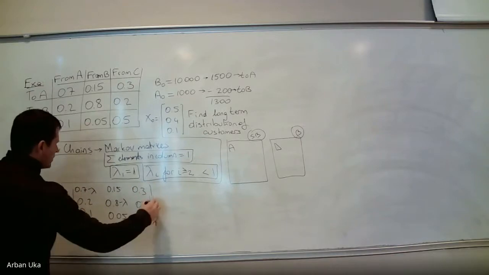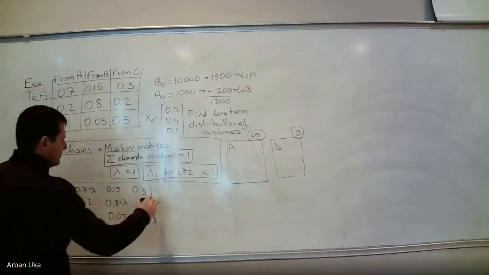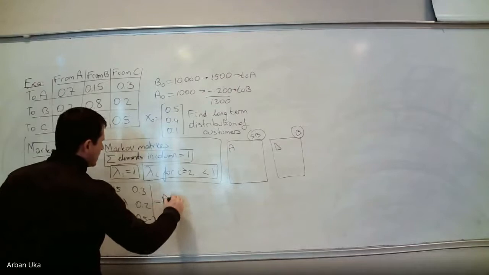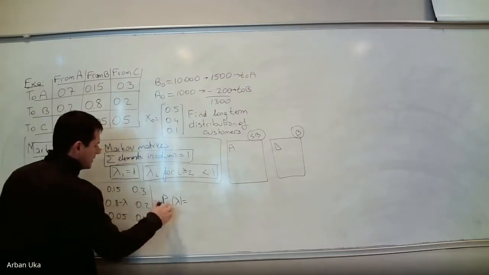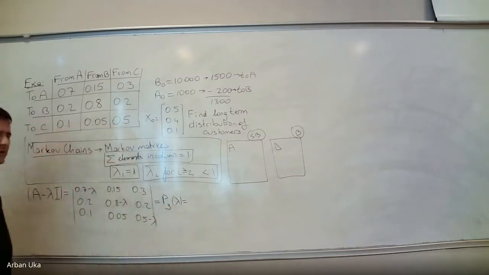So we try to determine the characteristic polynomial. The characteristic polynomial in lambda, this is P3, because it's a 3 by 3 matrix.